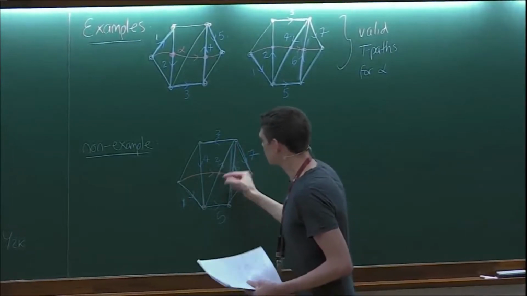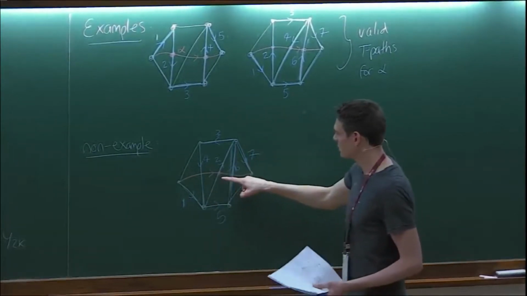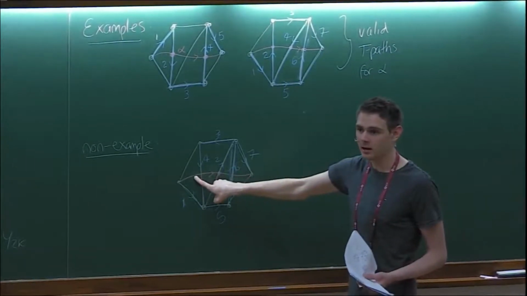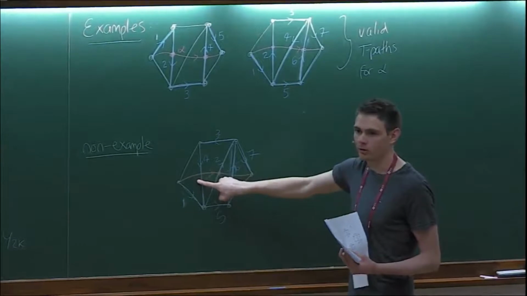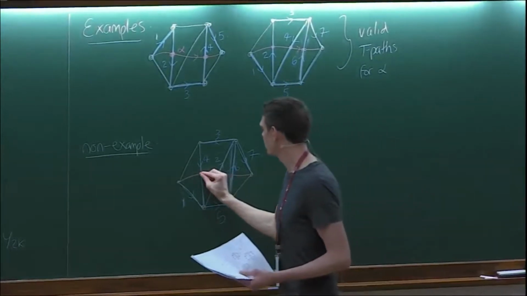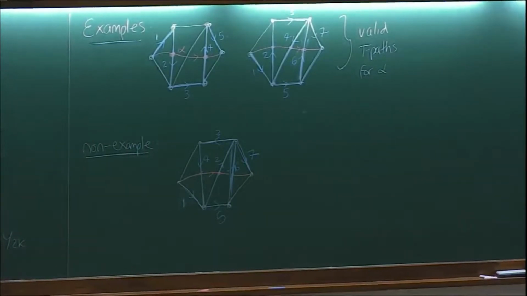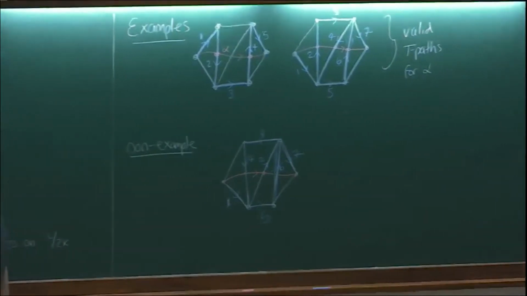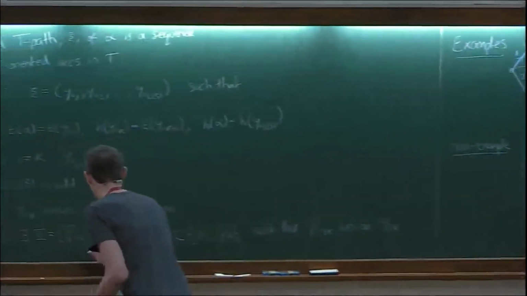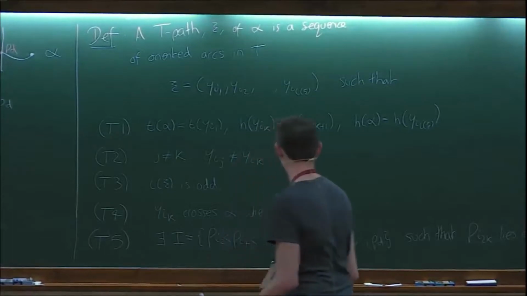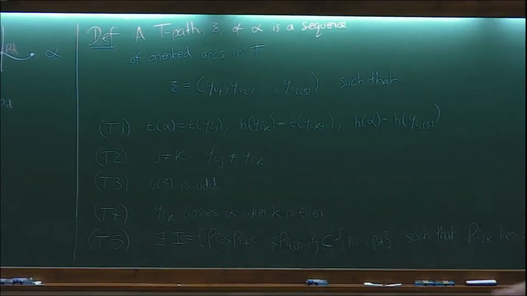Okay, and so this is not a valid t-path because this second arc, the intersection point, is happening after the intersection on the fourth arc, right? Oh, right, okay, you mean like this? Yeah. Yeah, sorry, this is exactly what I meant, yes, sorry.